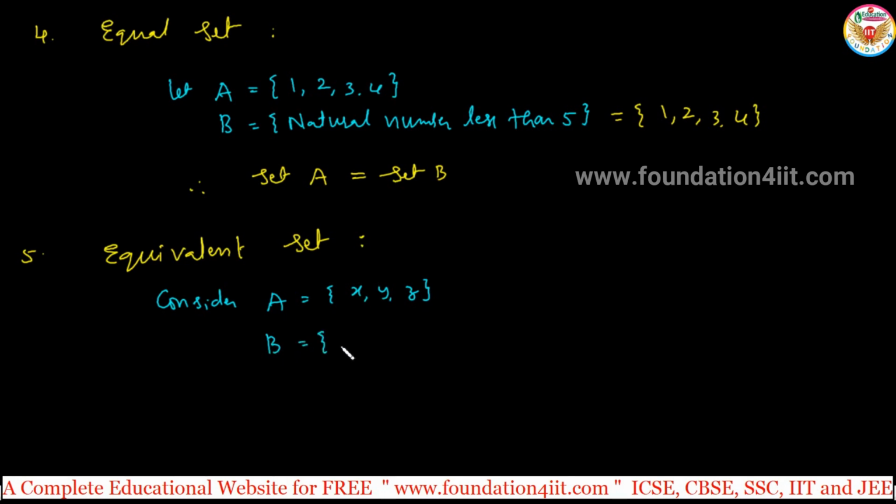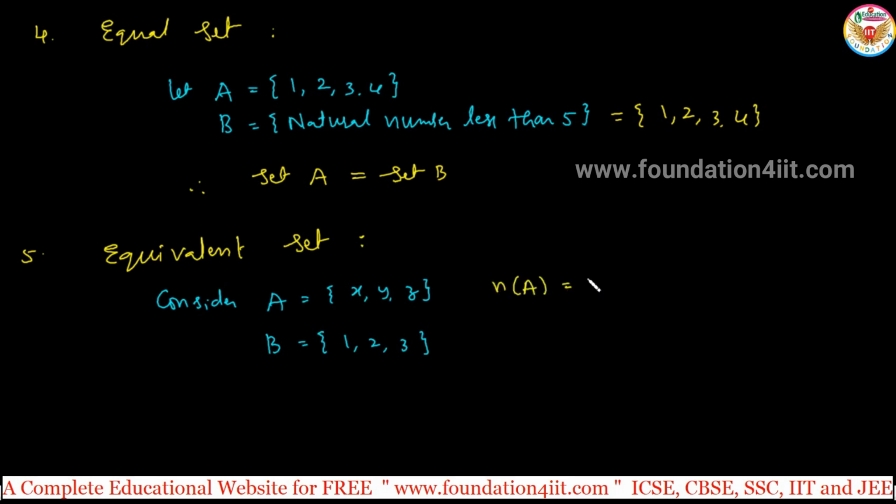Let's say B is having elements 1, 2, 3. So number of elements will be denoted with n of capital A. The meaning is number of elements in set A is 3. Number of elements in set B is equals to 3. Elements are different, but number of elements are same. Here is a 3, here also 3. Therefore, A and B are equivalent.